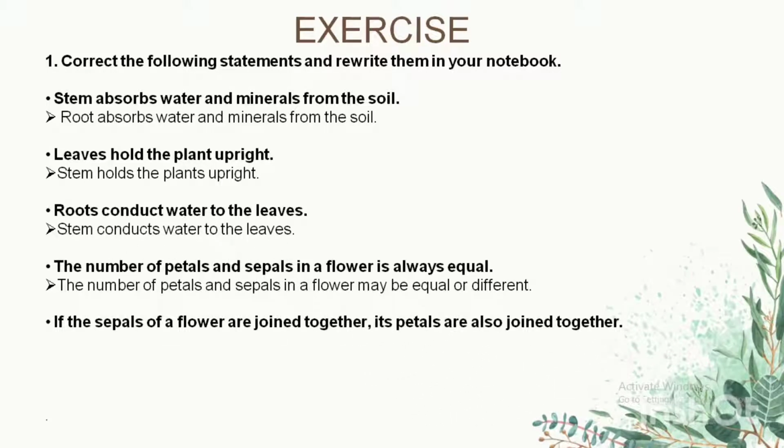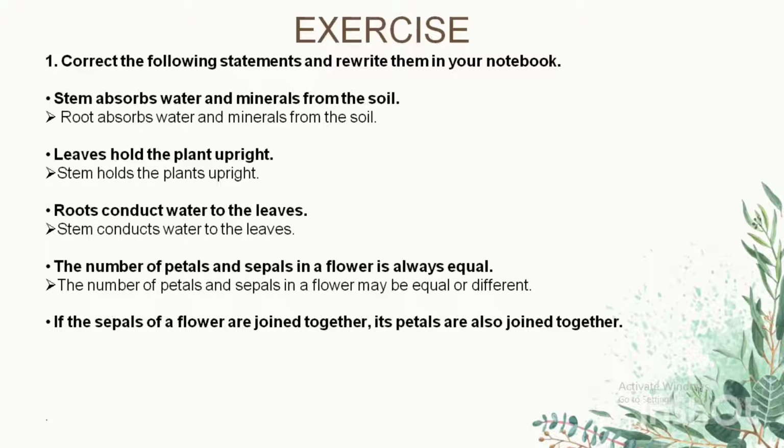Next one is if the sepal of a flower are joined together, its petals are also joined together. Okay, मतलब अगर sepals है वो जुड़ी हुई है तो पेटल्स भी जुड़ी हुई हो. Is it necessary? No. Okay, जैसे कि धतूरा जिसको हम बेल फ्लावर बोलते हैं. So बेल फ्लावर के अंदर सेपल्स एंड पेटल्स दोनों जॉइंट है, लेकिन रोज में क्या है?